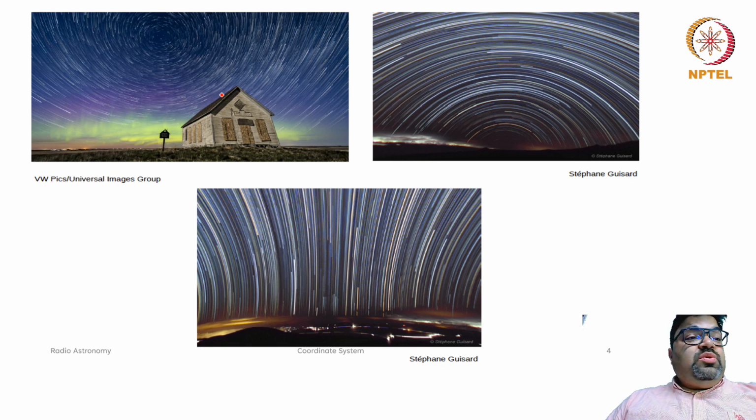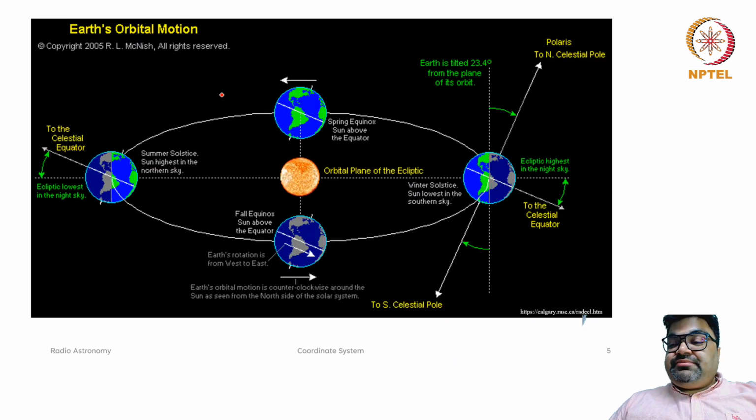Depending on where you are on the surface of the Earth, you can see various time-lapse images showing a variety of patterns. It basically means that you are at different parts of the globe. These things are not exactly in the same location. They are in different parts, and they are capturing a time-lapse movement of the stars across the sky.